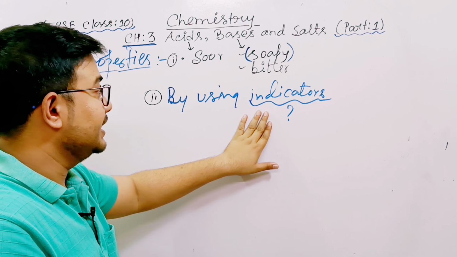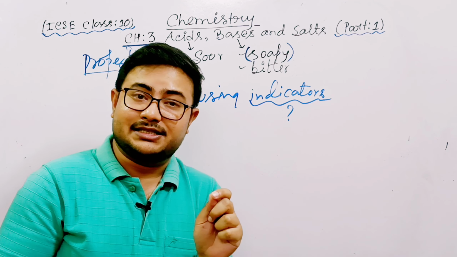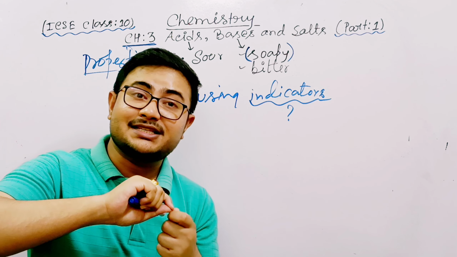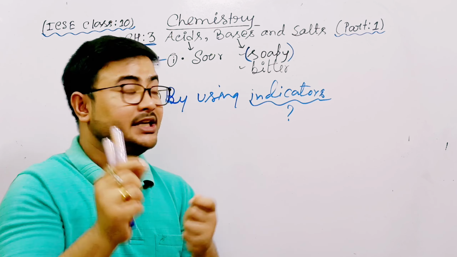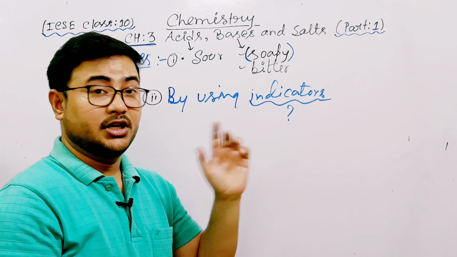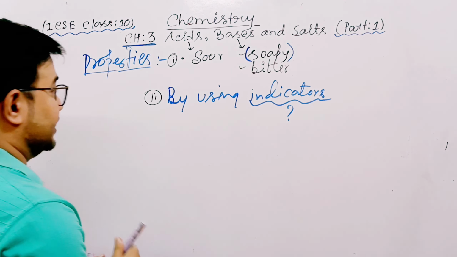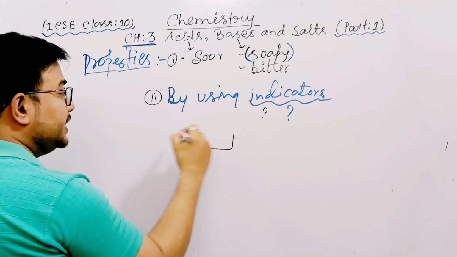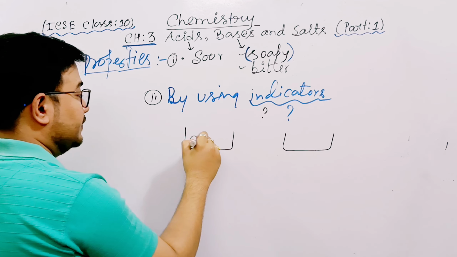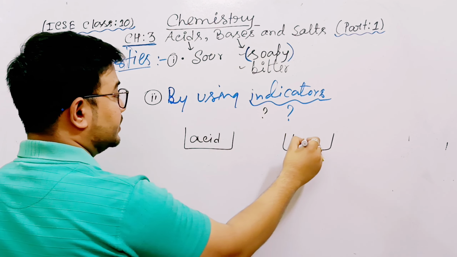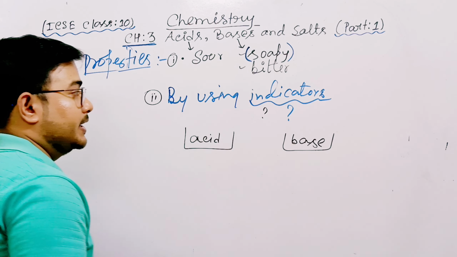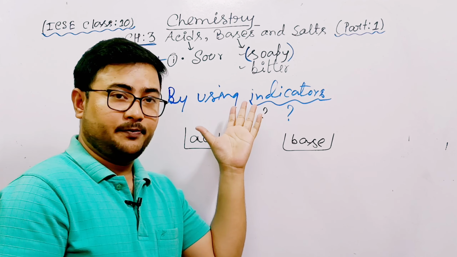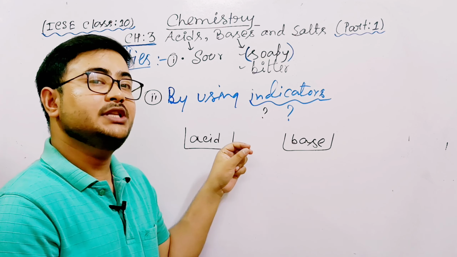An indicator is a chemical substance that shows a sharp or drastic color change in the presence of a solution. Try to understand again. Suppose in one container you have an acid and in another container you have a base. So many indicators are available. According to the solution you have to choose the indicator.